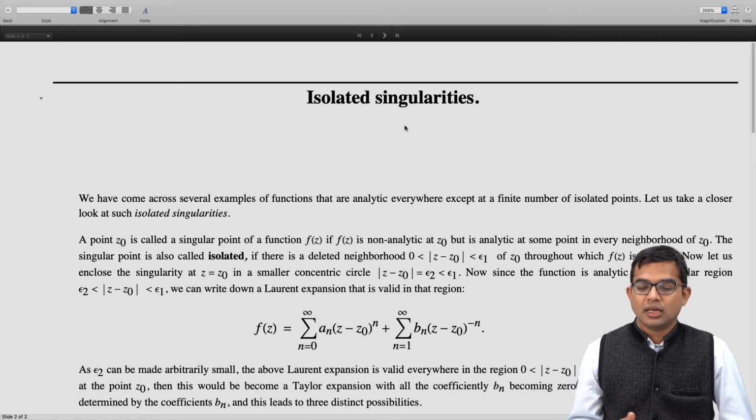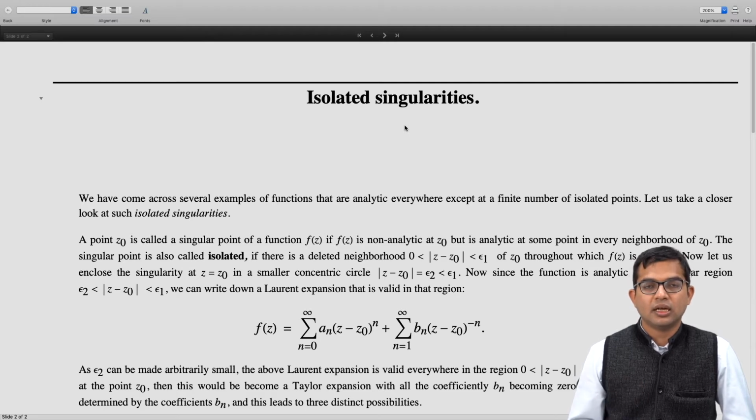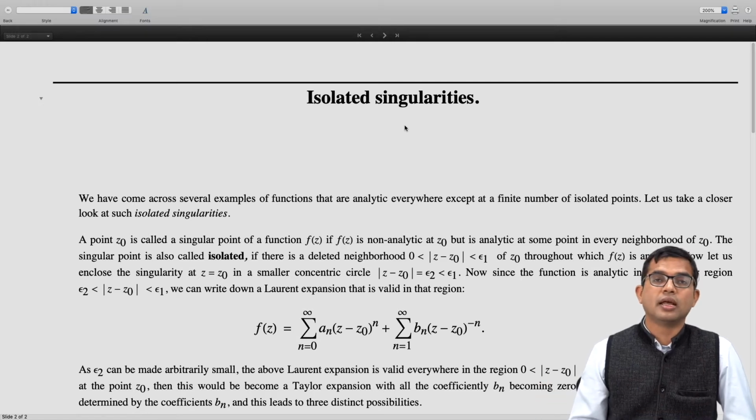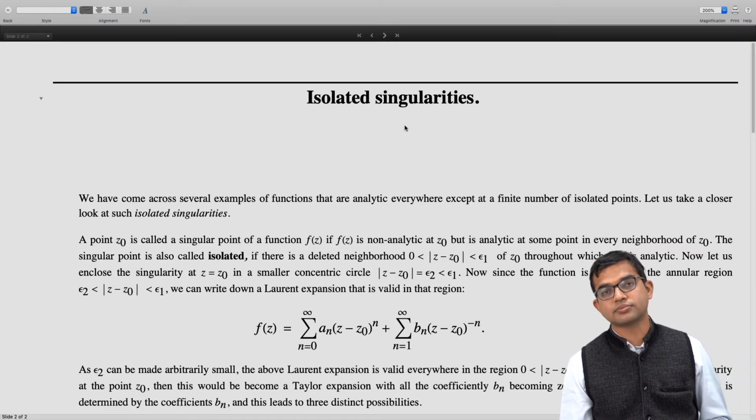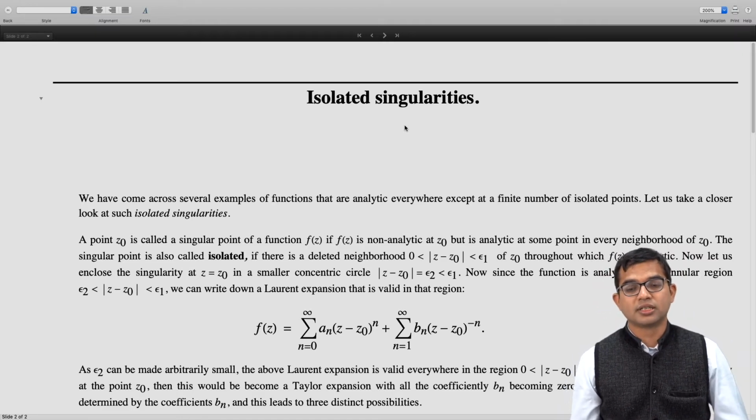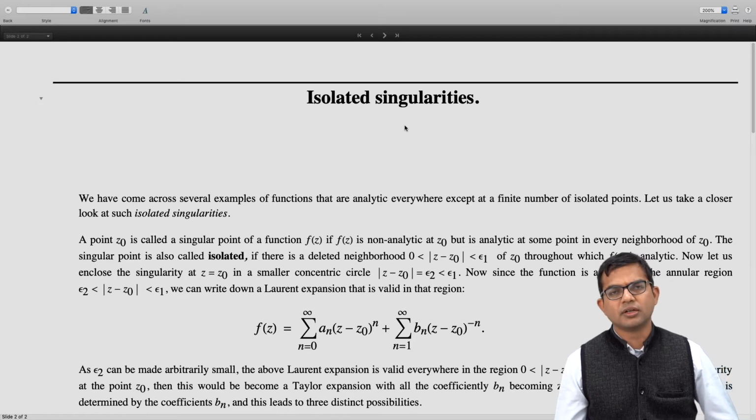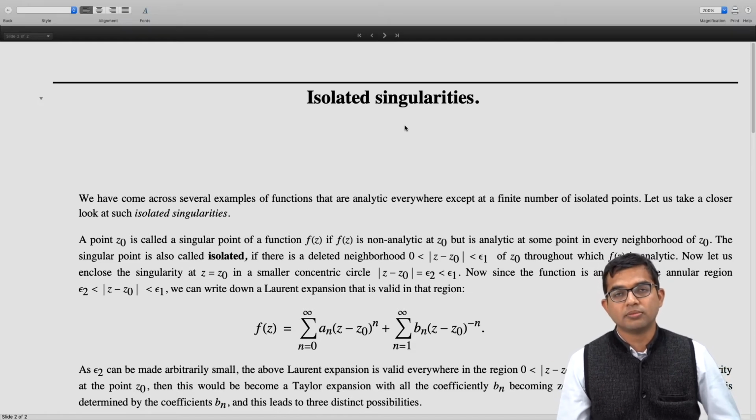But in general, a singular point need not be isolated. For example, if you have something like log z, the function log z has a singularity at the origin, but also along an axis. It's not even defined along the negative x-axis, if you take that to be your branch cut. You could, of course, by convention, choose a different branch or a different branch cut.